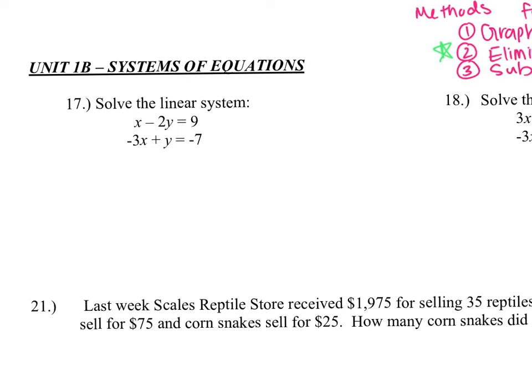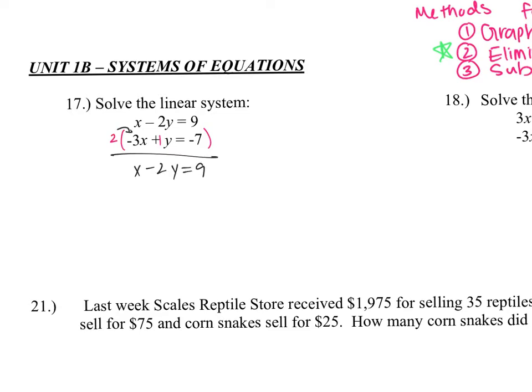If I want to cancel out the y's, I would multiply the bottom by a 2, but I would have to multiply everything by 2. I choose 2 because this is a negative 2 and the bottom is a positive 1, so multiplying by 2 makes it a positive 2 and cancels out the negative 2. So the x minus 2y comes down, and that is a 9.